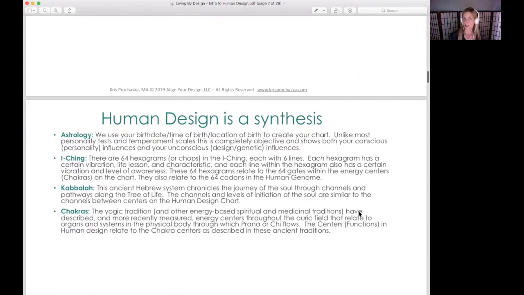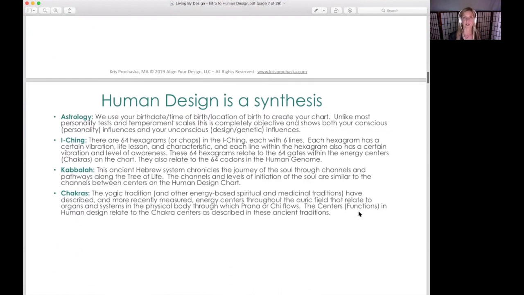The fourth esoteric science, if you will, or system that is part of human design, are the chakras. This is in the yogic tradition, or other energy-based spiritual and medicinal traditions all around the world have described, and more recently we have the scientific tools to actually read these and map them and measure them, these energy centers, throughout both the auric field and also in our own body, the chakras.